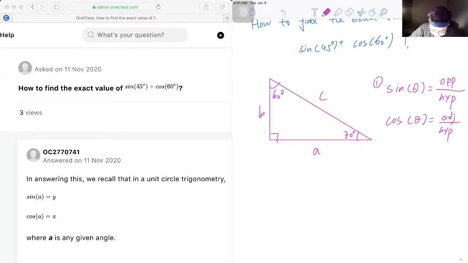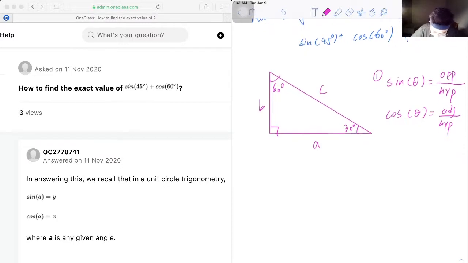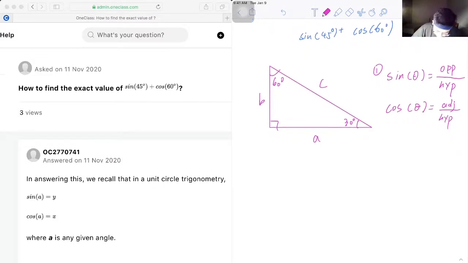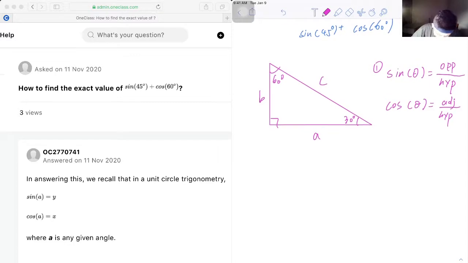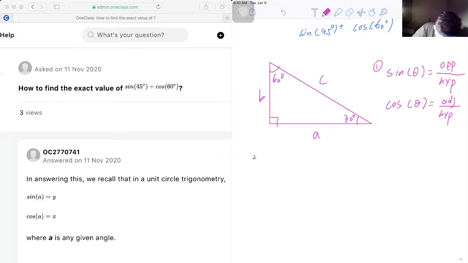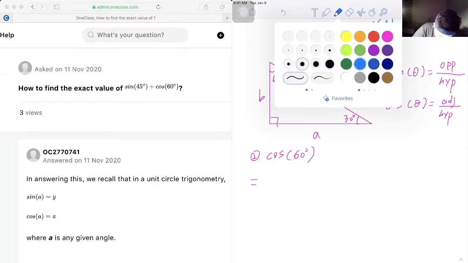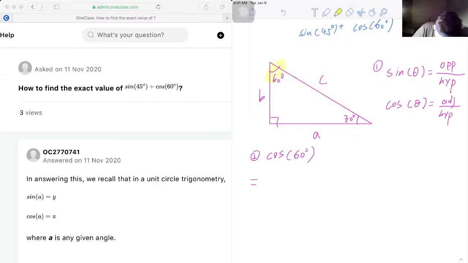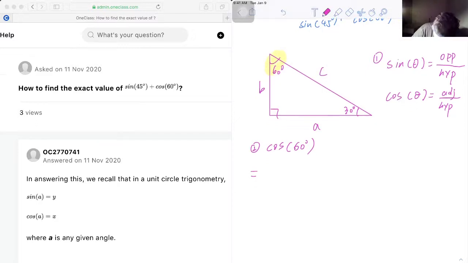So let's say we have cosine 60, which is this angle right here. That's going to be equal to adjacent over hypotenuse.